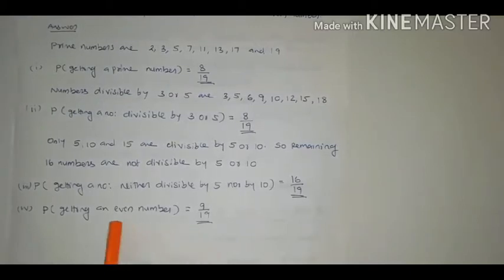So the probability should be 9 by 19. Many more problems are there, but almost all the problems are the same. So you have to try yourself. Definitely you will get the answer. Then you can complete the exercise.